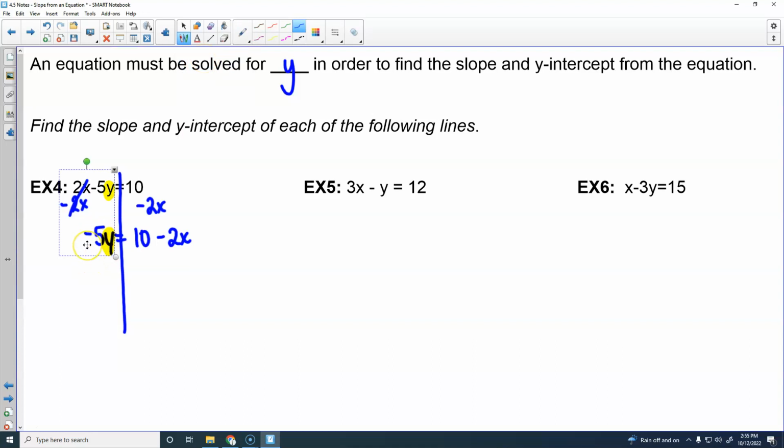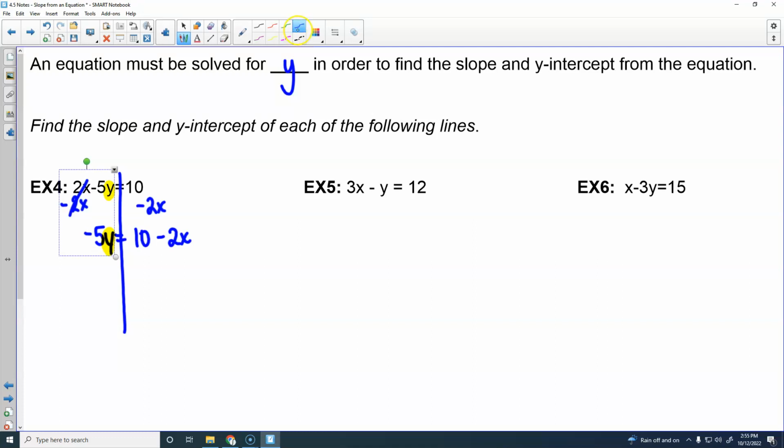Haley, what can I do to get rid of that negative 5? Not for this one, because that negative 5 is right next to the y. So what does that mean when we have a number right next to a variable? Okay, it means they're being multiplied together. And to undo multiplication, we would have to divide.